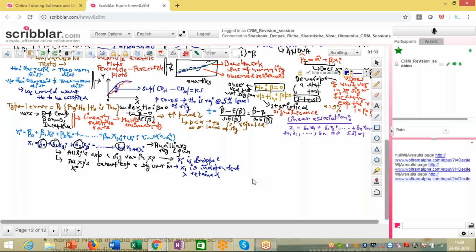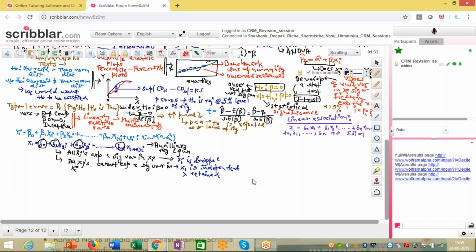Once we have explored the overall measures of goodness of fit, we'll come back and talk about VIF, because VIF uses the concept of R square, which is a measure of the overall goodness of fit. So let's start with that part, and from there come back and understand how to measure multicollinearity.